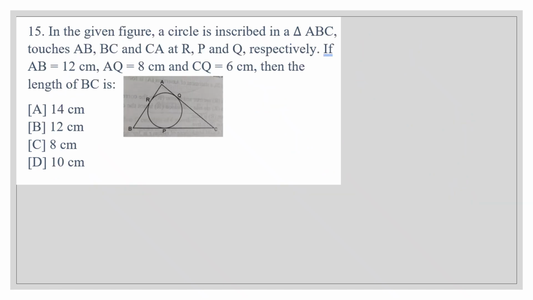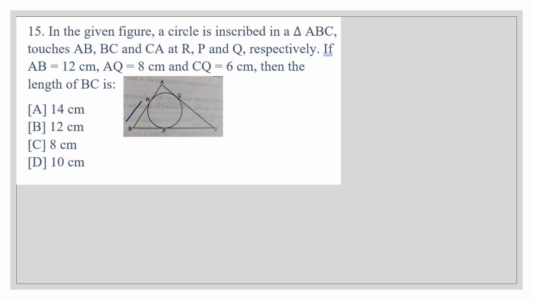Next, question number 15. In the given figure, a circle is inscribed in a triangle ABC, touches AB, BC and CA at P, Q, R respectively.